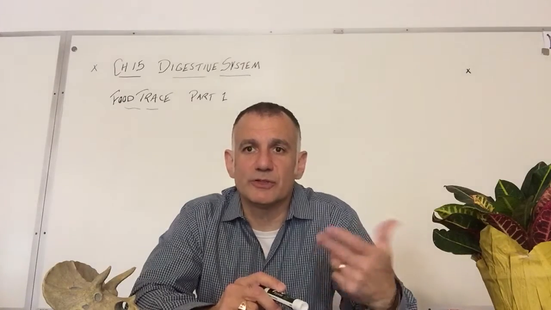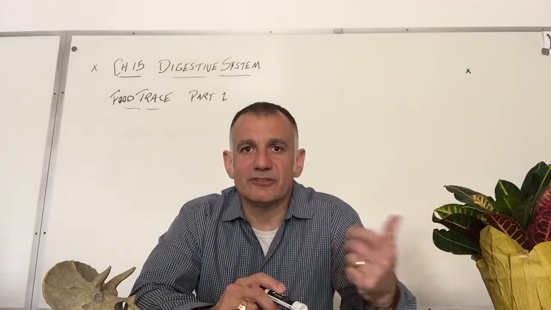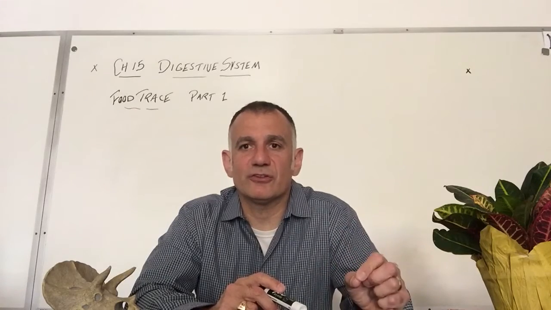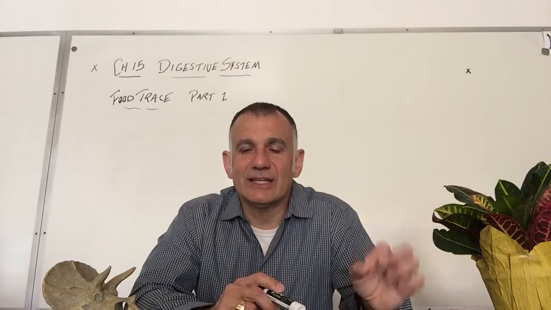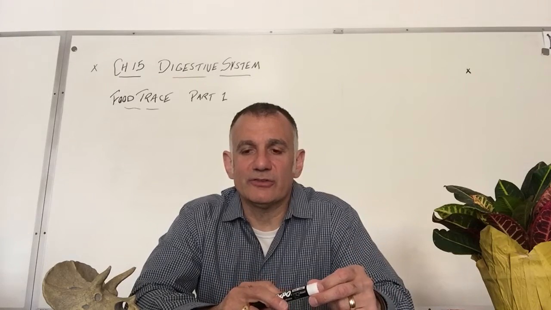In the mouth, you're going to chew the food, you're going to use your teeth to tear the food and grind the food. You're going to use your tongue to manipulate the food around your mouth, and then the saliva softens it, moistens it, makes it easier to swallow. In addition, the saliva adds amylase to the food, which is going to start breaking down the carbohydrates.